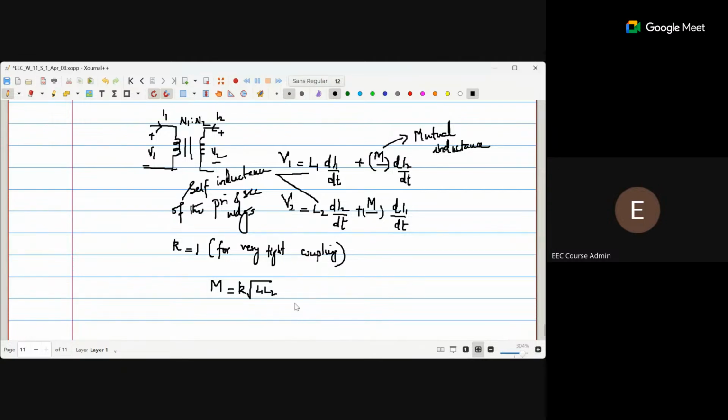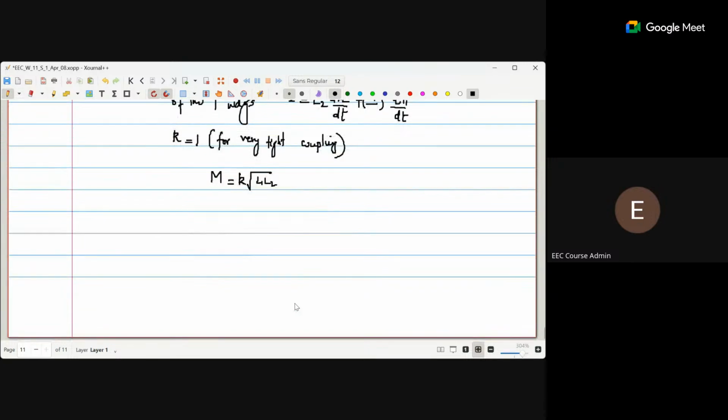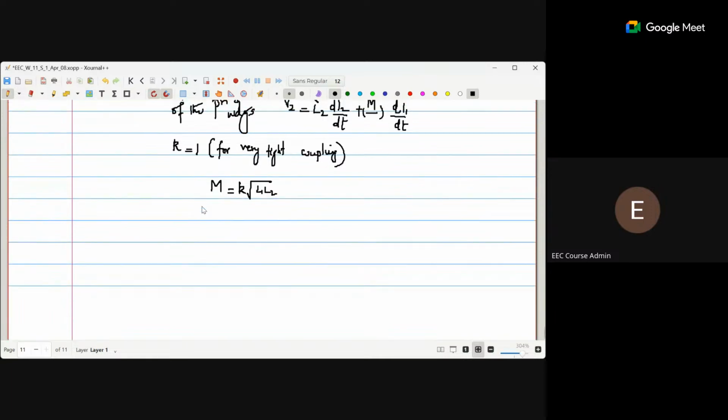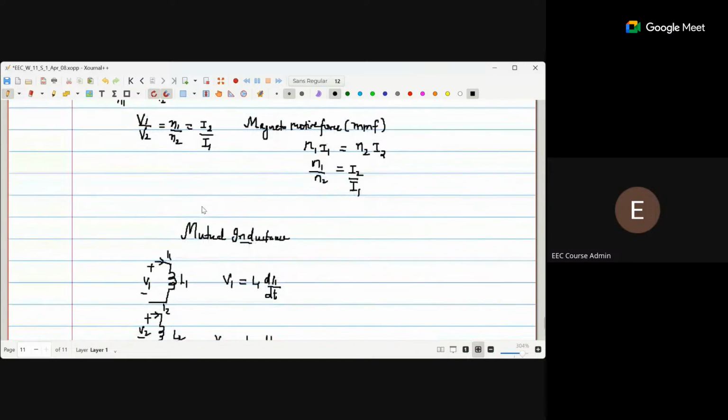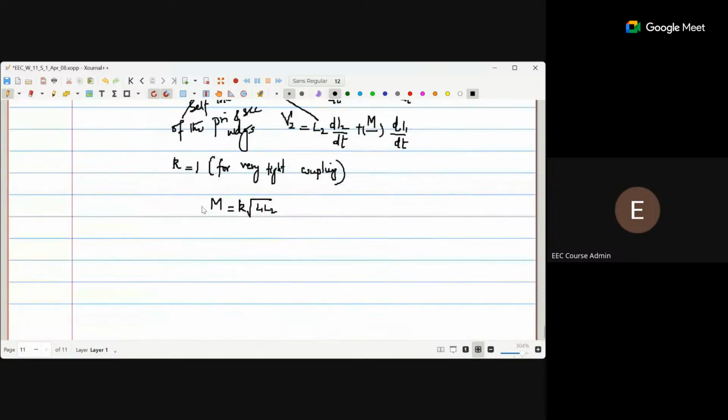Yes, in the S domain we have written the equation here. If we have V1 equal to L1 dI1 by dt, then we know that V1 of S we can write as S L1 I1 of S, correct?